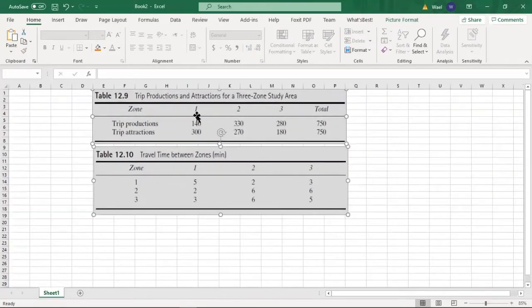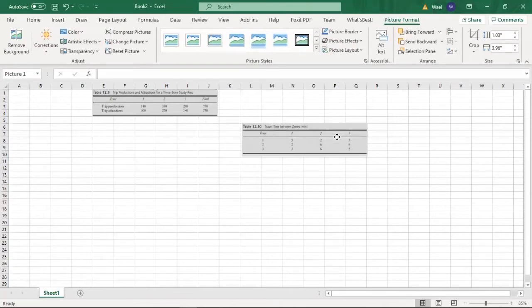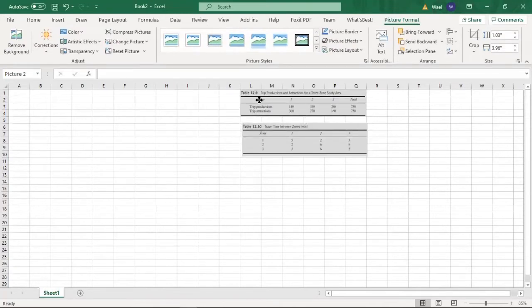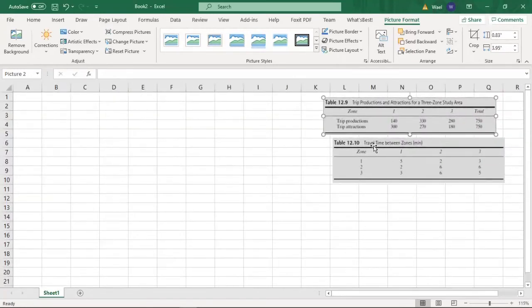We have three zones, and we have trip productions from each zone and trip attractions from each zone also. That's the first table. In the second table, we have the travel time between zones. So that's zone 1 to zone 1, that's 5, zone 1 to zone 2, and so on.